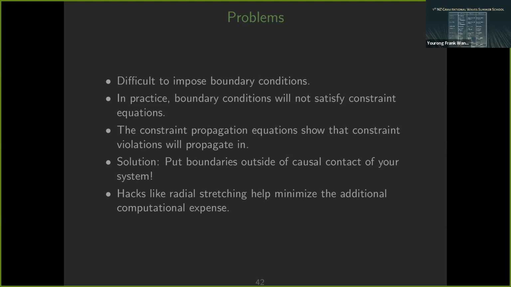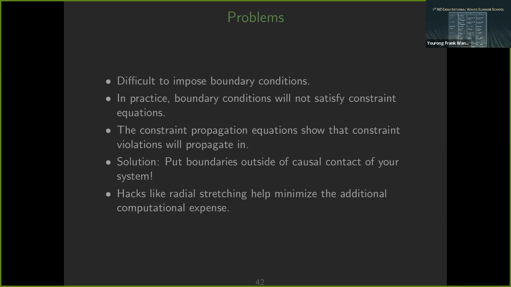If it isn't zero, constraint violating terms, which are just combinations of the system variables that don't satisfy the constraints, will propagate in from the boundary and cause the constraints to be violated, which then means that you haven't satisfied the Einstein equations.